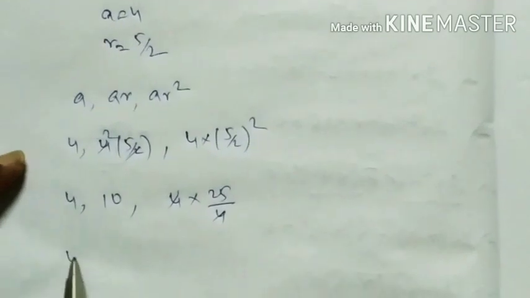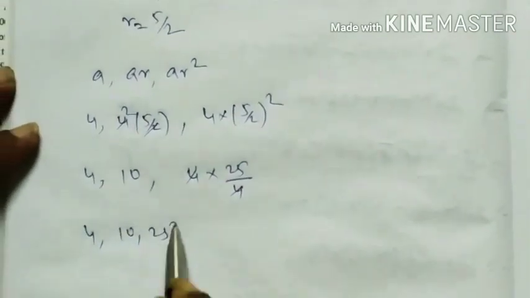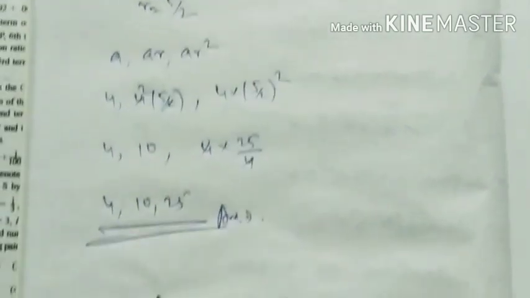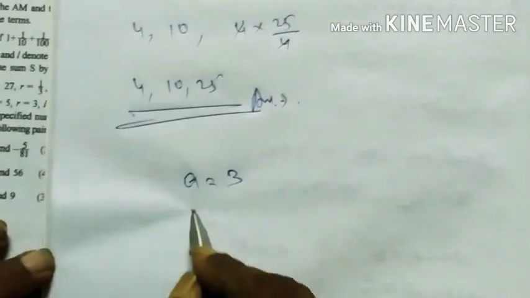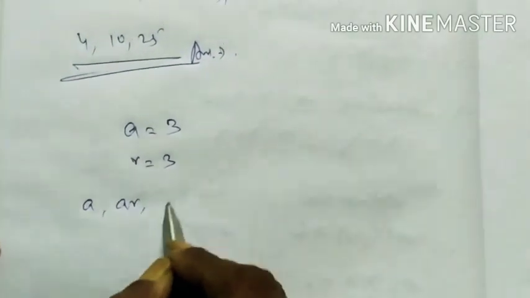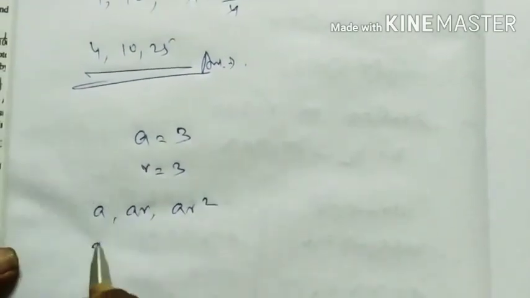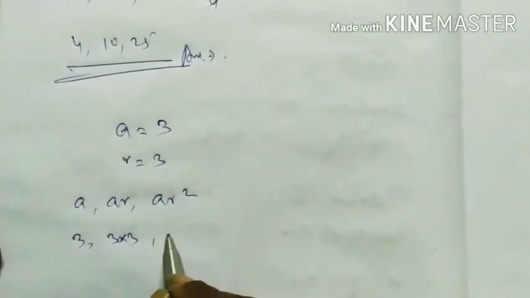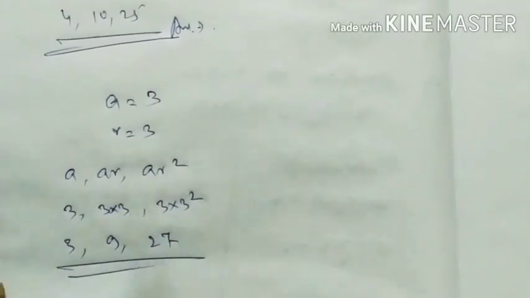So 4, 10, 25. This is your first set answer. And for the second set, A is equal to 3, R is equal to 3. So A, AR, AR square: 3, 3 into 3, and 3 into 3 square. So 3, 9, 27. This is your second set.